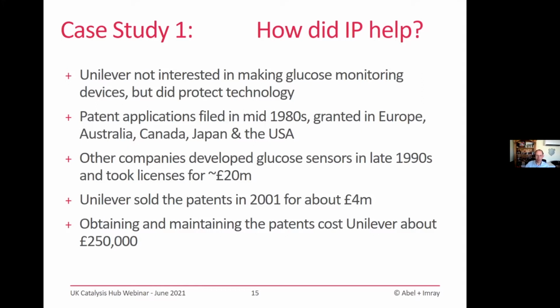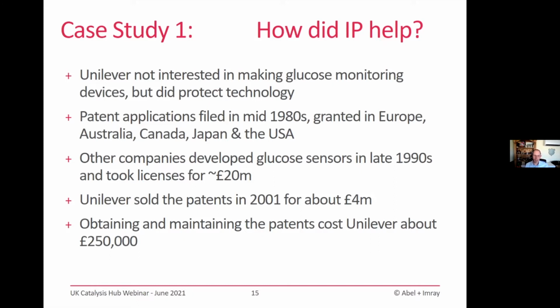There are plenty of other companies in this kind of field, and I think it was a business decision not to try and break into that. But the technology was still protected, with patent applications that were filed in the 1980s, ultimately granted in quite a few countries around the world. You see some pretty key economies there: across Europe, Australia, Canada, Japan, the USA.